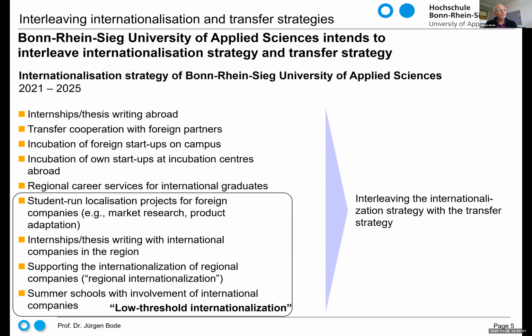And so we have come to the conclusion that we have to offer more products and services in internationalization that represent a lower threshold for our students, so that they can internationalize without the big effort of those students who would go, for instance, to an exchange semester abroad.